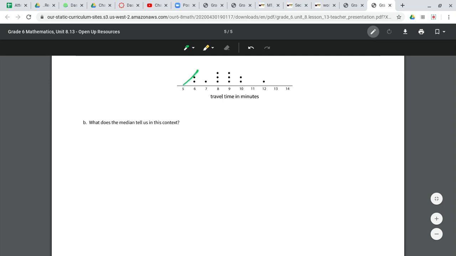So we're going to take off our values from either end. 2 on this side, 2 on this side, 3 and 3, 4 and 4, 5 and 5. So once again, we have 2 values in the middle. So we've got 8 plus 9 equals 17 divided by 2, which is going to give us an 8.5. So the median is 8.5.